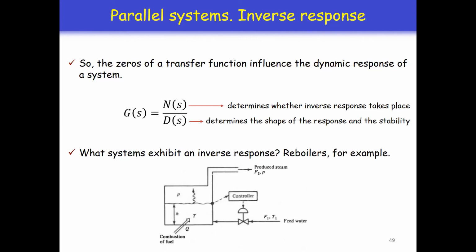Let's consider the schematic that you can see here on the bottom. You have this reboiler drum. You feed a cold liquid, and you provide heat to partially vaporize that liquid.